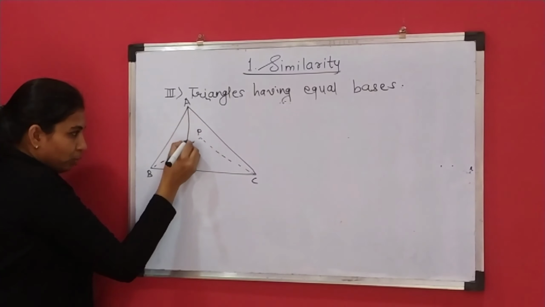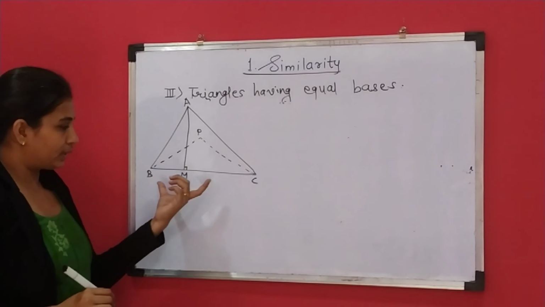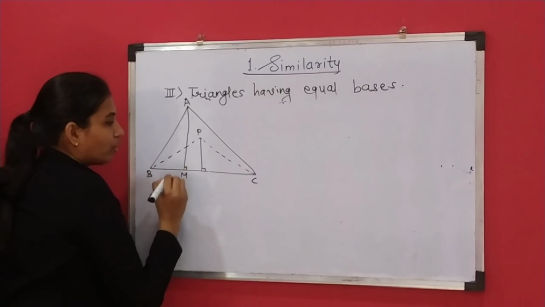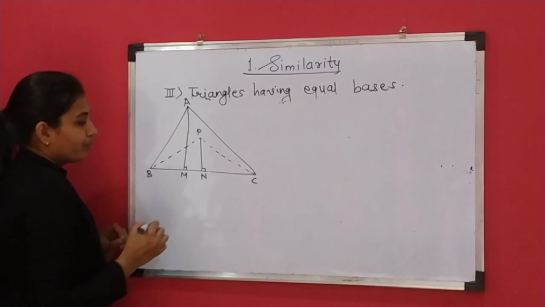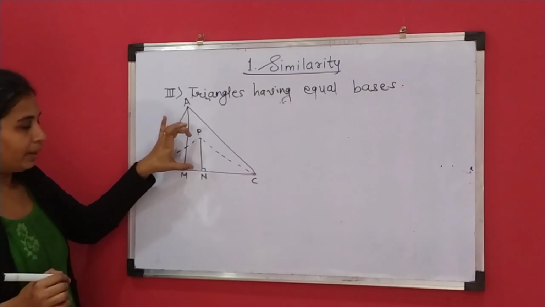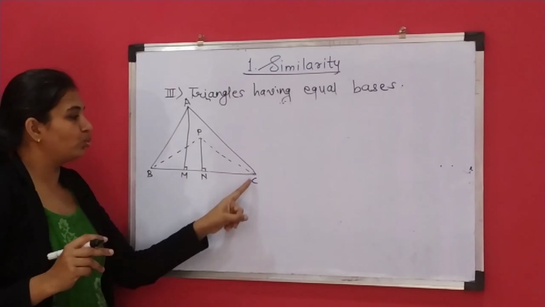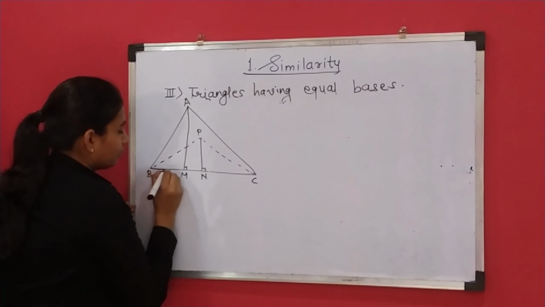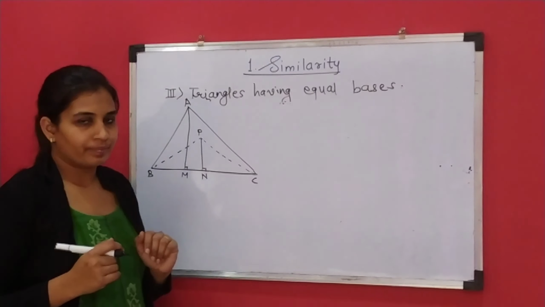Now I am drawing an altitude from vertex A to side BC and another altitude from vertex P to side BC. Now AM and PN are the two corresponding heights of these two triangles, but both triangles have this side common and we can take it as the base.